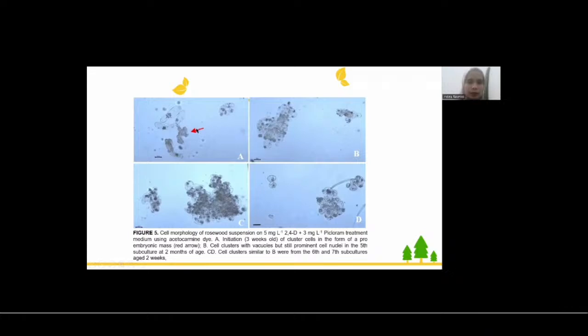We can see in the red arrow, this is the proembryonic mass, and in B, C, and D is the subculture 5, 6, and 7. We can see the cell cluster from the subculture.